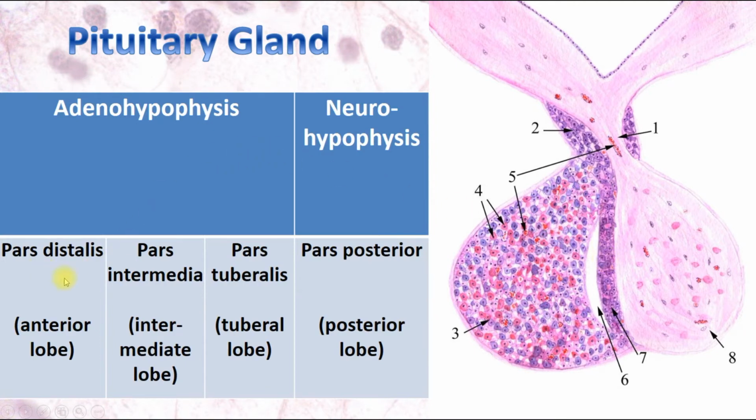Here we can see four lobes of the hypophysis. Three lobes are parts of the adenohypophysis, and the neurohypophysis is pars posterior or posterior lobe. So four lobes and two different parts are present in the pituitary gland as a whole.